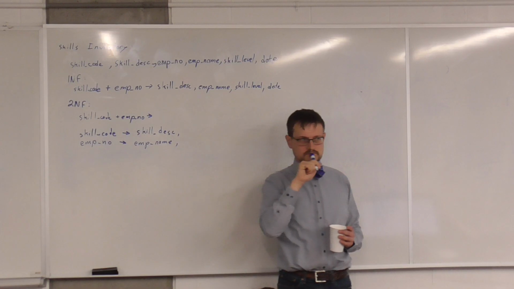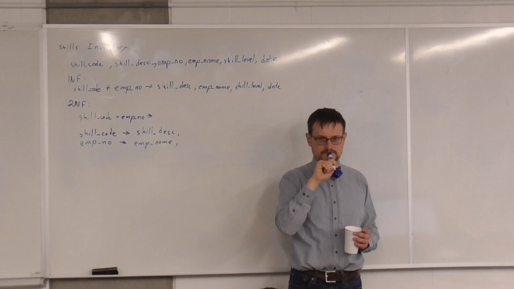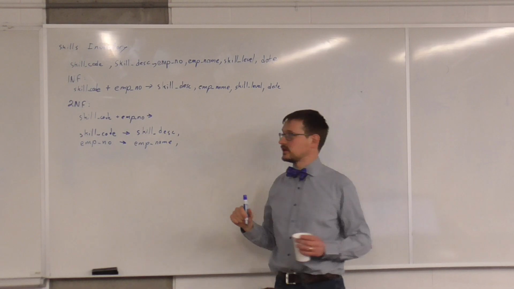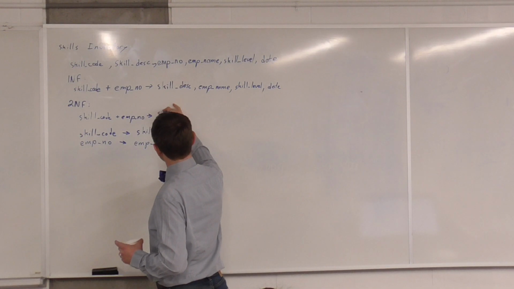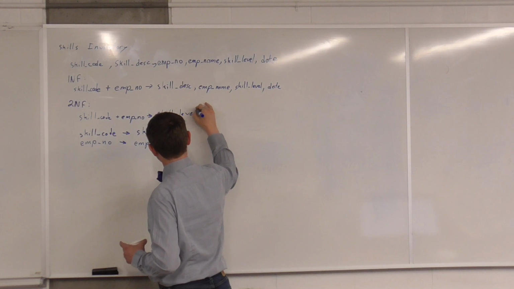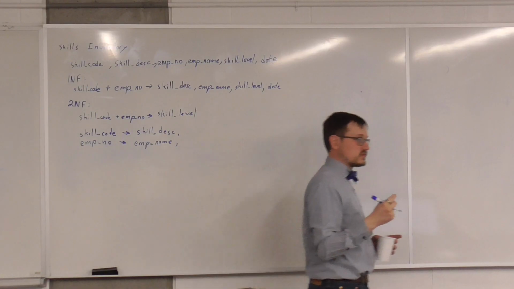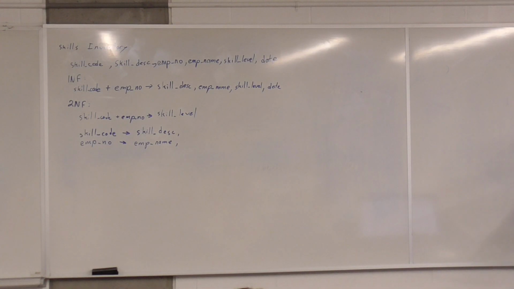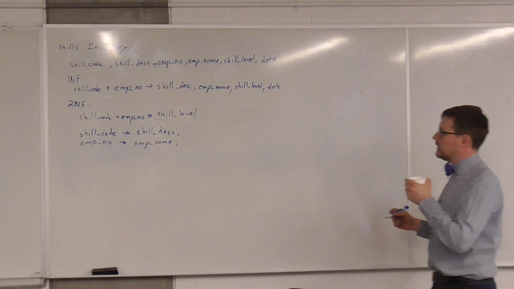For this one, the composite key, because if you think through it in terms of reasoning, you assign a skill level to a particular employee for a particular skill. So you need both. How about date?